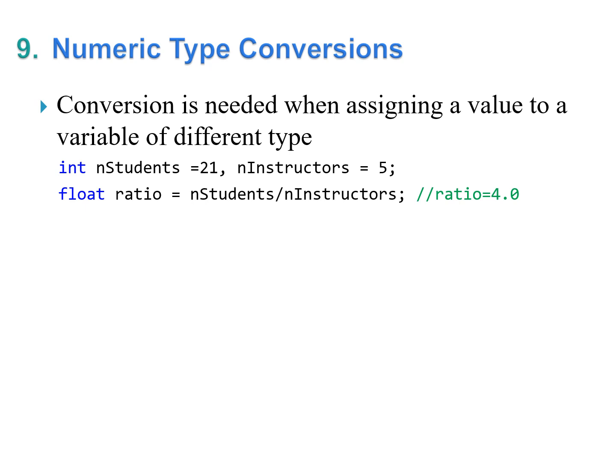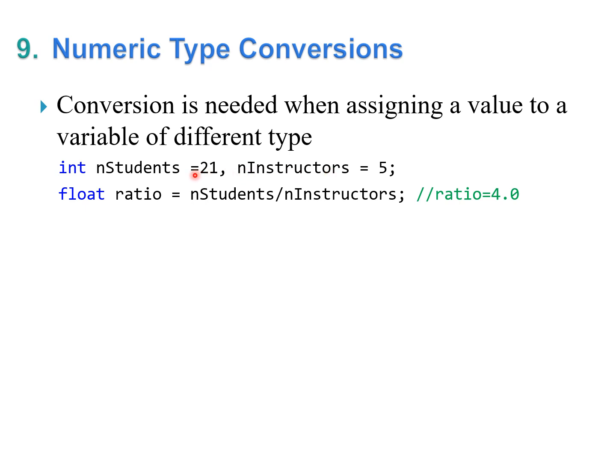Type conversion is also needed when you assign a value to a variable of a different type. For example, suppose you want to calculate the ratio of students over instructors at a school, where the number of students is stored in variable nStudents, and the number of instructors is stored in a variable nInstructors. Both variables must be of an integer type because they only hold integer values.